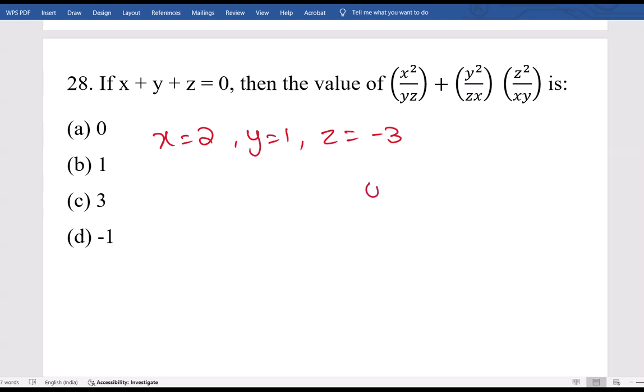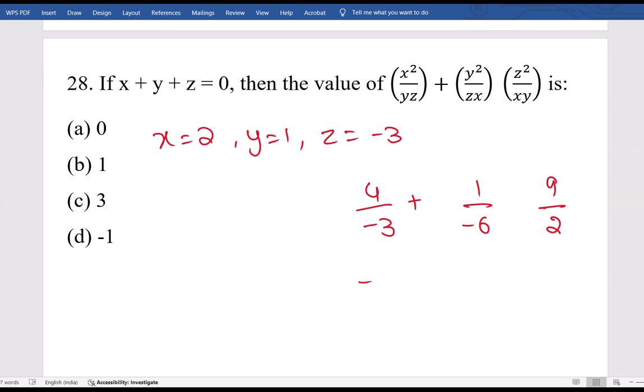So 4 divided by minus 3, plus y square, which is 1, z square is 9, zx will be minus 6, xy will be 2.